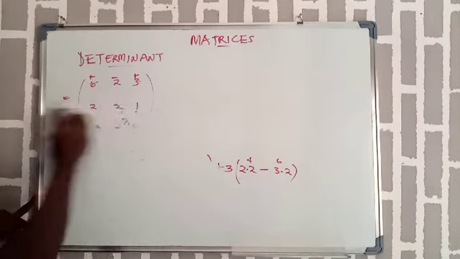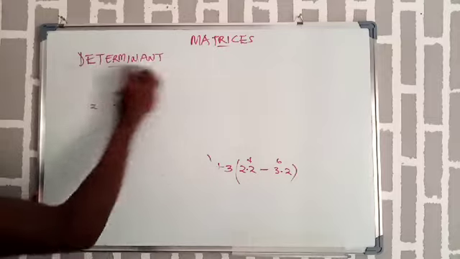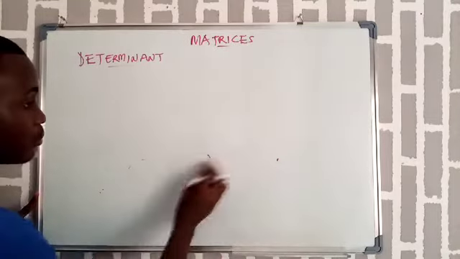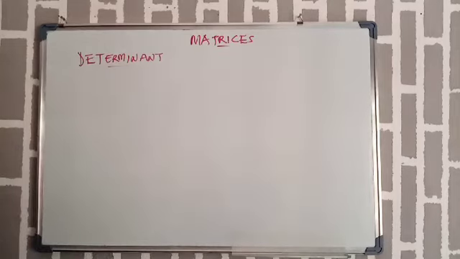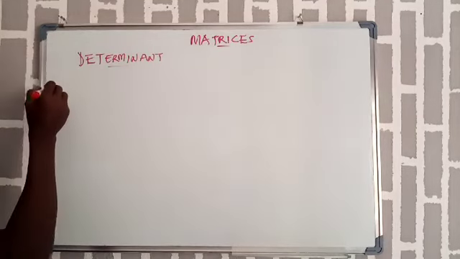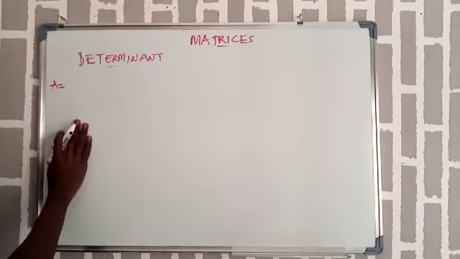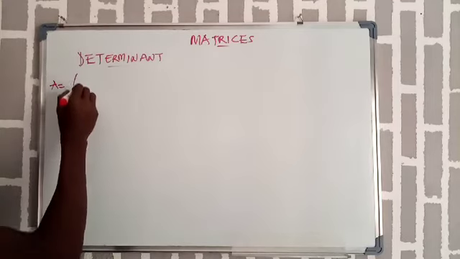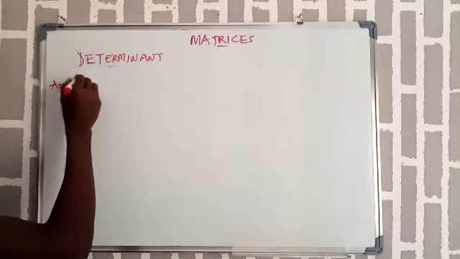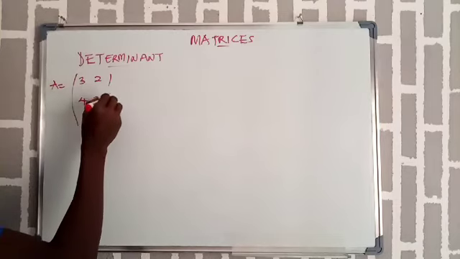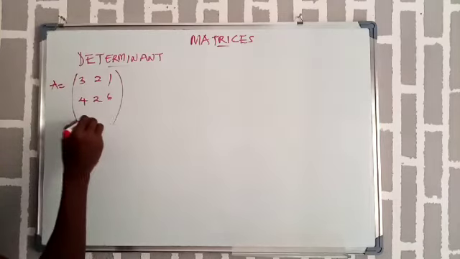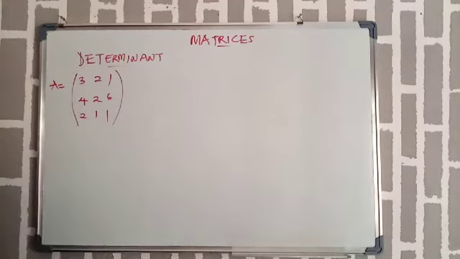Cofactors is just like dealing with equal matrices, except you have to equate both matrices like this. Now, I am given a matrix A. Let's take 3, 2, 1, 4, 2, 6, 2, 1, 1.